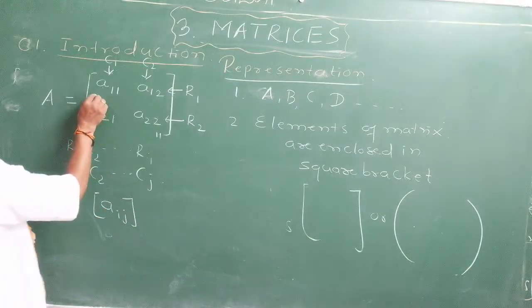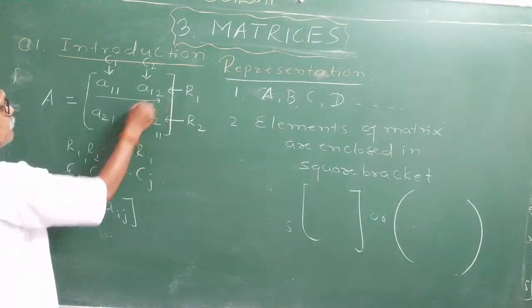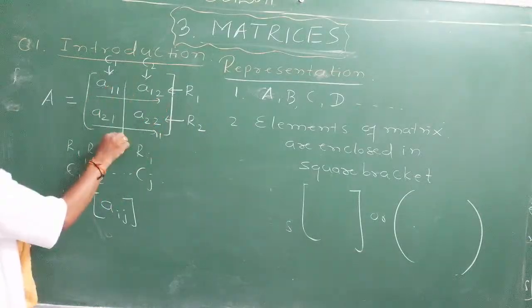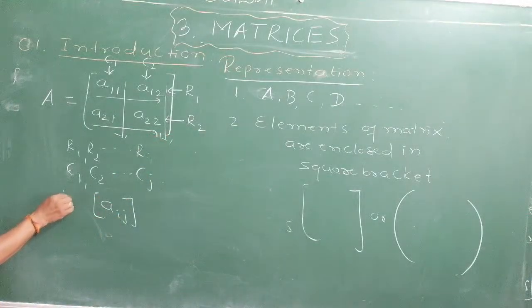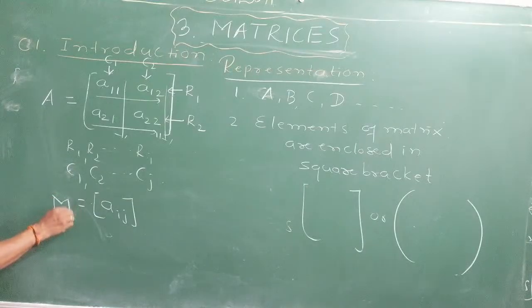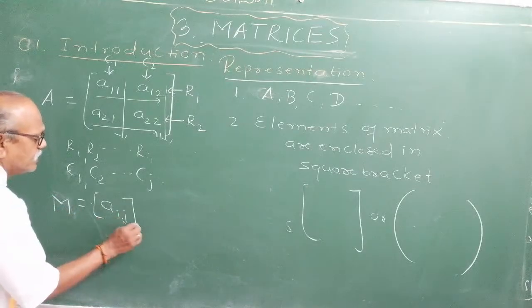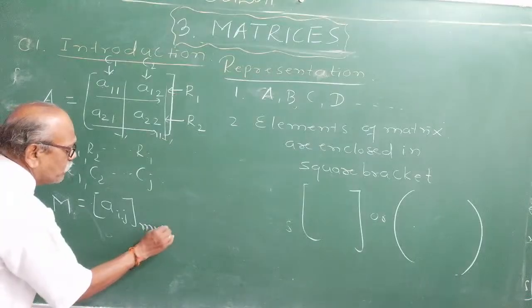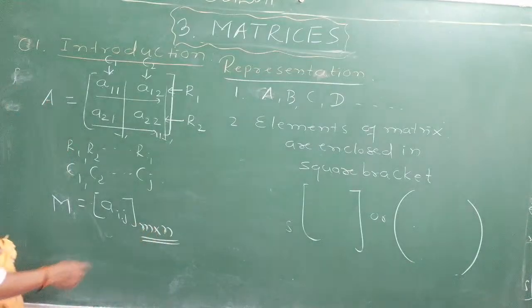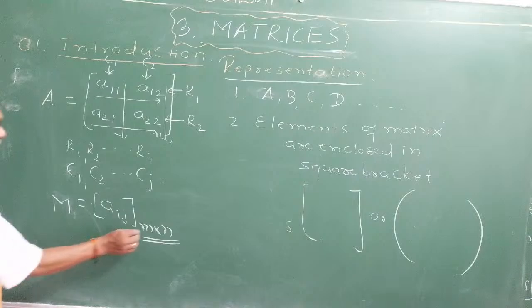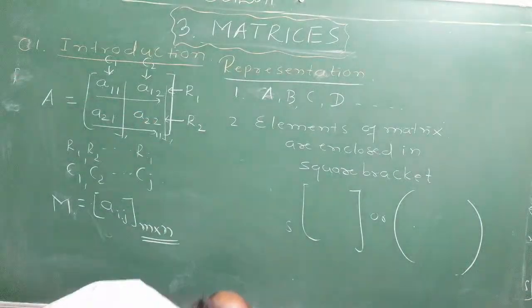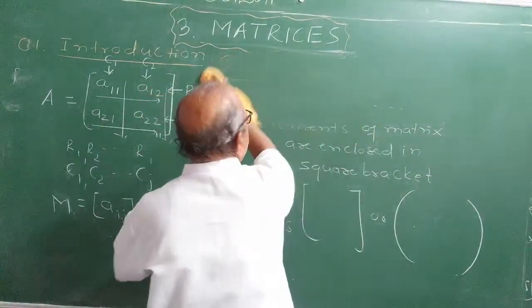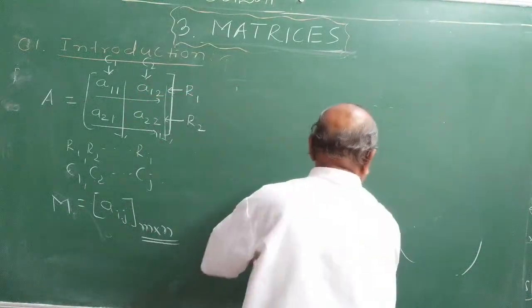Suppose that a particular matrix has m rows and n columns. In general, a matrix is represented by Aij, m by n. What is this m by n called? M by n means m rows and n columns. This is called the order of a matrix. The first concept is order of a matrix.